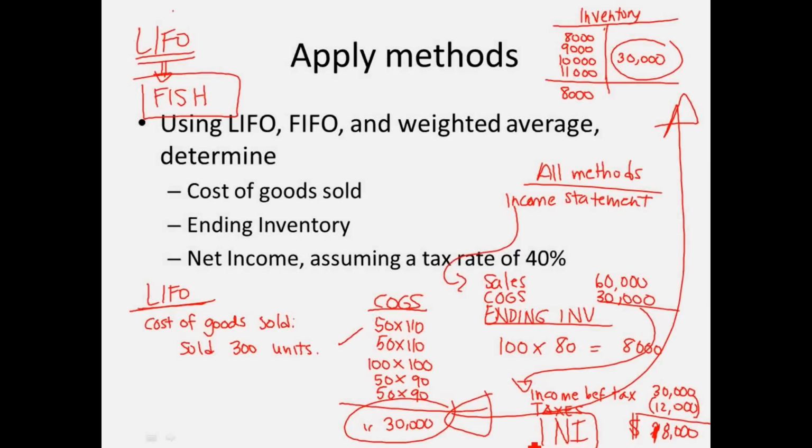So tax rate is 40%. Okay? So this is a company which is reporting on its financial statements net income of $18,000. It is paying real taxes of $12,000 to the government.